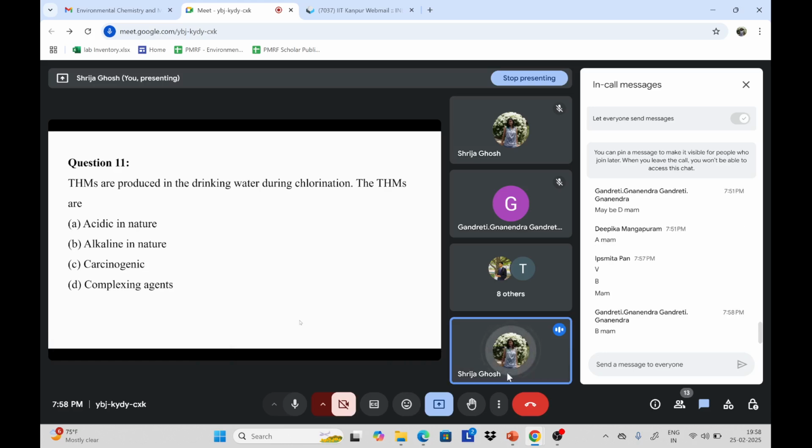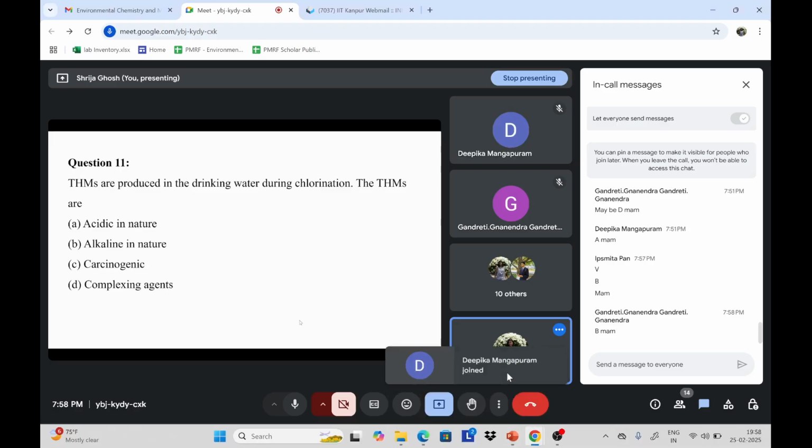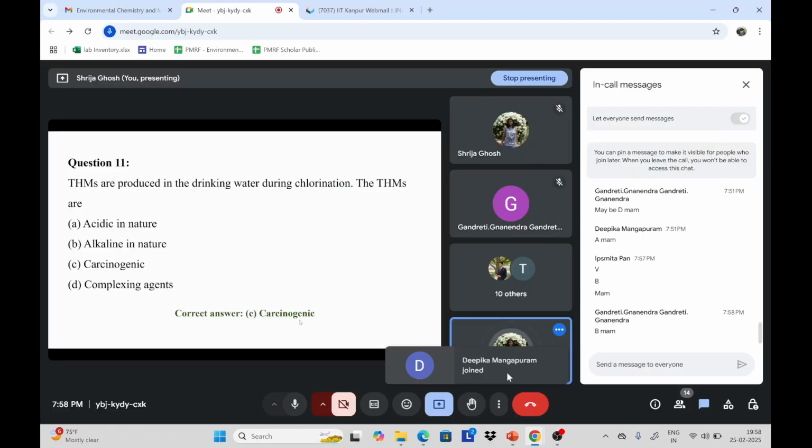So THMs are carcinogenic in nature. Okay, so what do you mean by carcinogenic? The correct answer is option C, carcinogenic. Carcinogenic means an agent can cause cancer. Any agent that can cause cancer is called carcinogenic. So THMs are highly carcinogenic, and that's why chlorination of water can sometimes lead to the production of these trihalomethanes, which can be harmful to us.